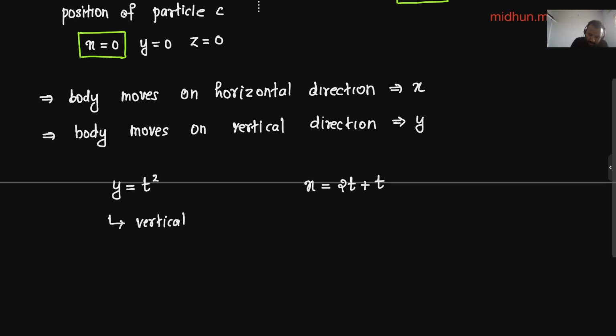In one question they have given x equal to 2t plus t. Position is x. Therefore we understood that problem falls in horizontal motion problem. See, if you think in this way, physics becomes easy.